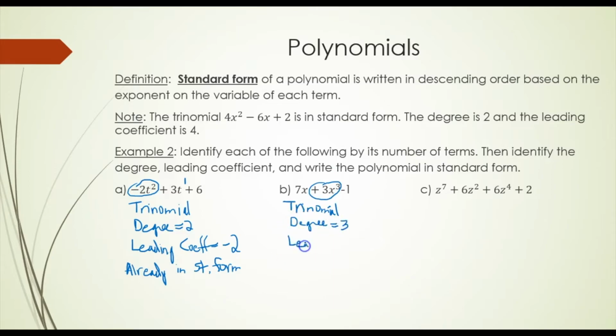The leading coefficient, since it is the term of highest power, is 3. With regard to standard form, what is it? Well, the 3x cubed has to come first, then the plus 7x, there's a positive 7, and then the minus 1 in the end.